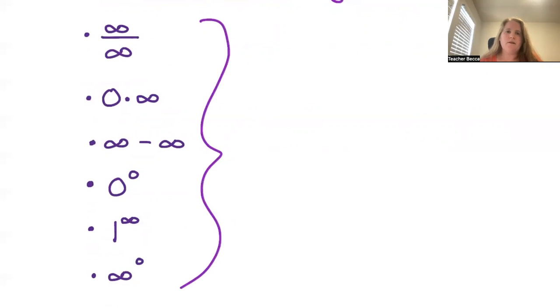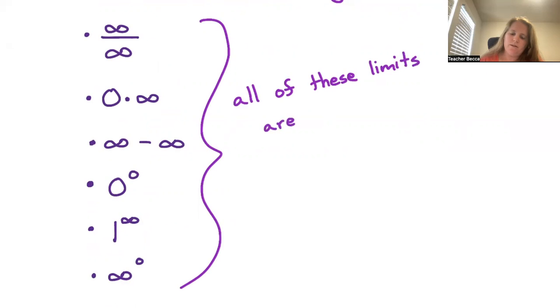The two different aspects are both pulling in opposite directions. So all of these limits are being pulled in 2 directions, just like the 0 over 0 case.